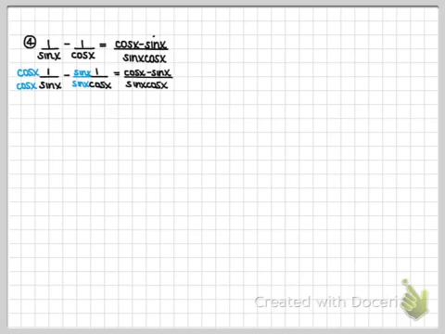So let's go ahead and pull that together. On the left-hand side, I now have a cosine x over a cosine x sine x minus the sine x now all over the sine x cosine x.